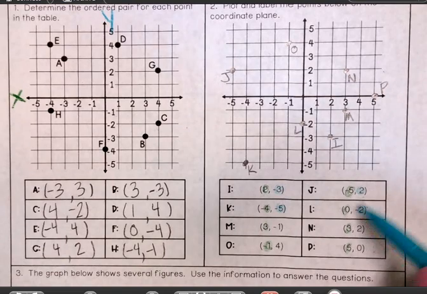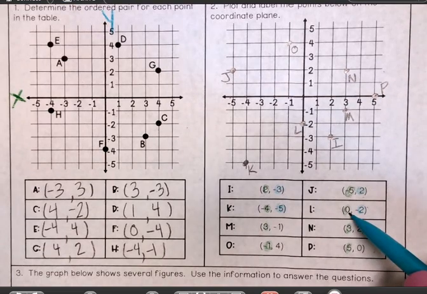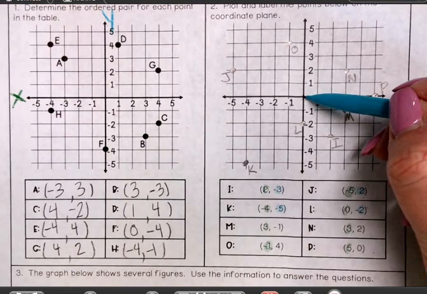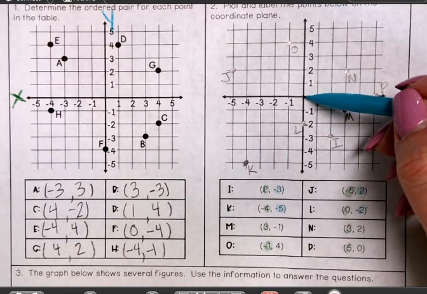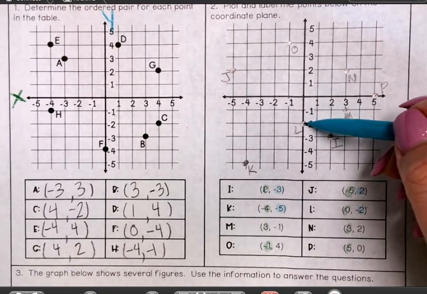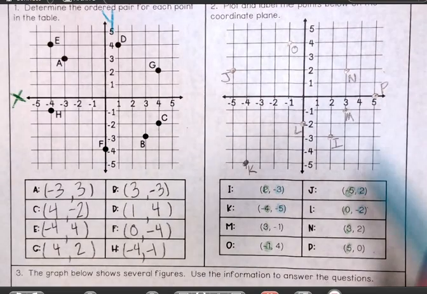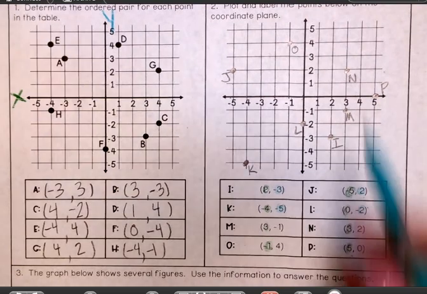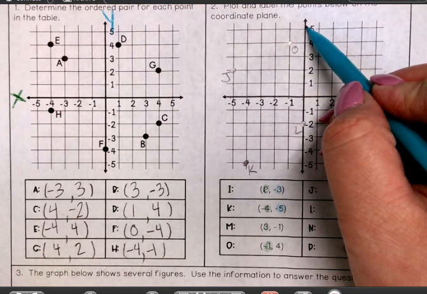So L, do I move left or right? No, I stay on the axis. Then Y tells me to move where? Down 2. Most of you got that one. But this one down here for P, when I walked around, there's a lot of them that are up here or over here.